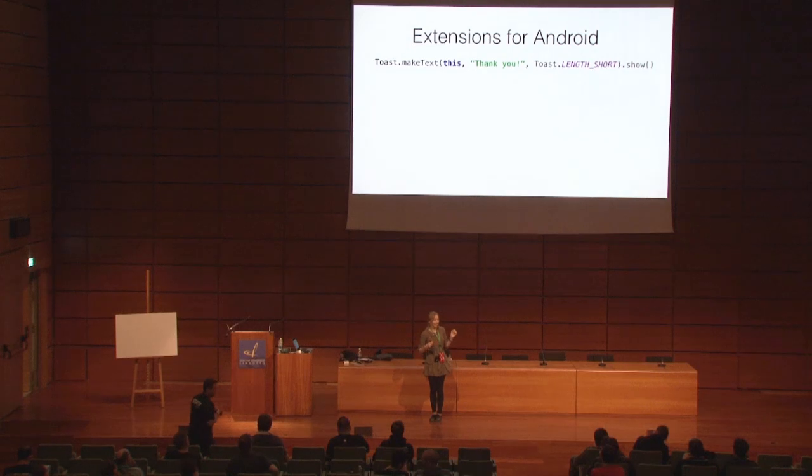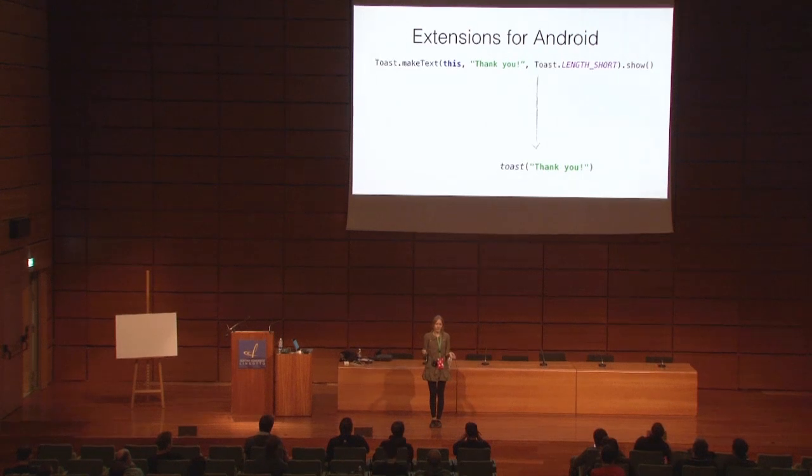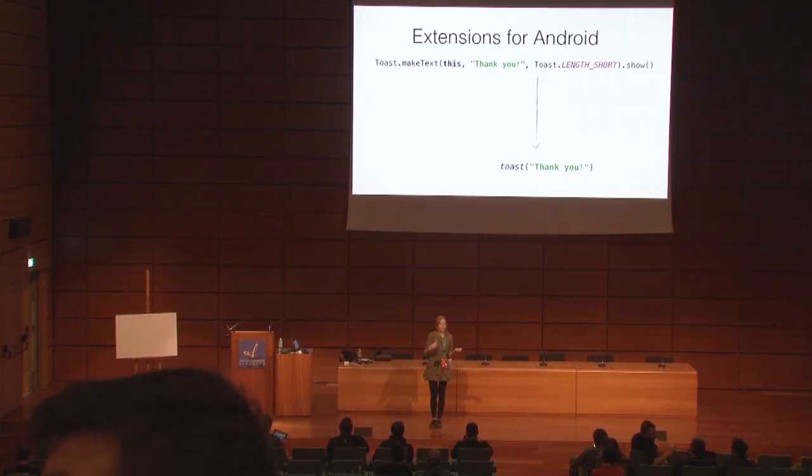OK, now I'm going to show you more Android-specific examples that use this extension functions feature. So this code shows a toast, nothing intriguing. And in Kotlin, you can express the same concept easier.